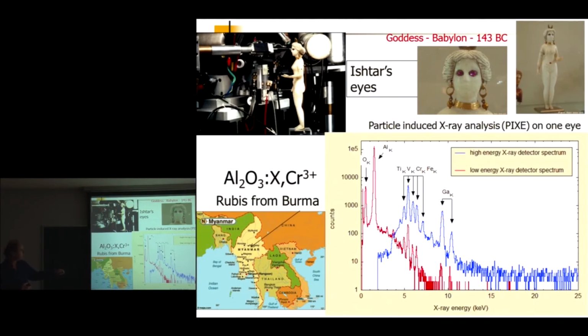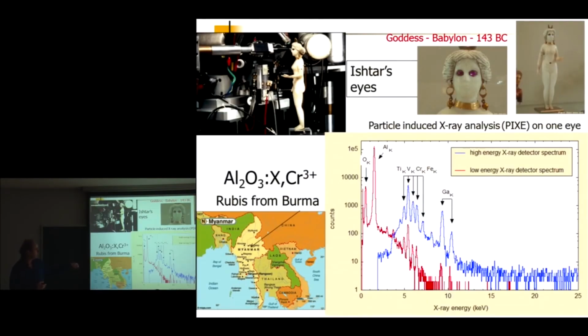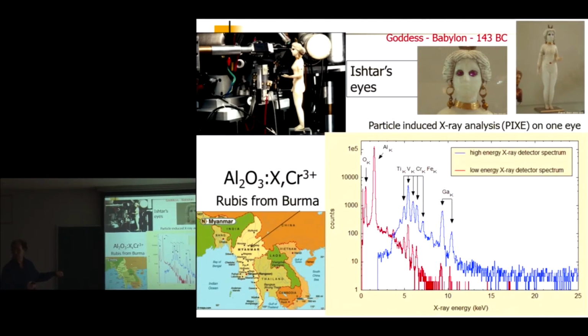They looked at the impurities coming with the ruby. This is particle-induced X-ray analysis. They looked at the signature of the impurities, and they could determine that the ruby comes from Burma, which we call Birmanie in France.